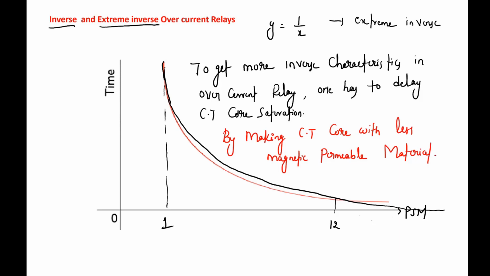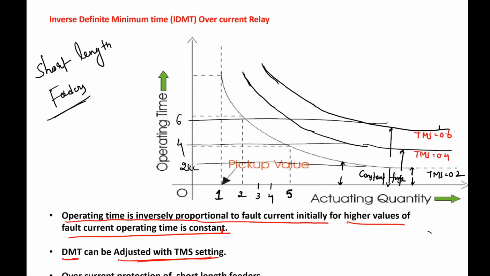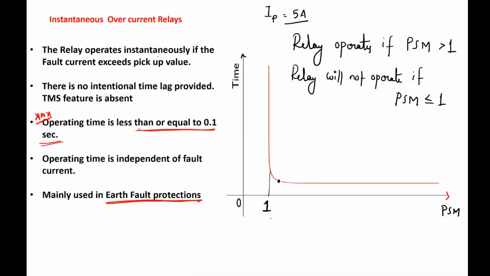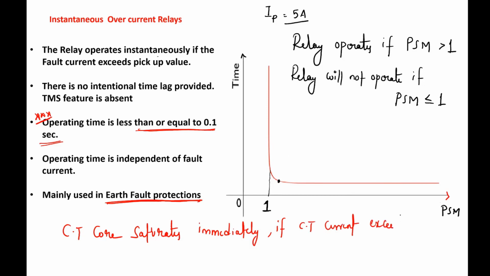So in instantaneous overcurrent relay, how to construct an instantaneous overcurrent relay? The CT core in this case saturates immediately if CT current exceeds pickup value, exceeds pickup current. So this is how you have to construct an instantaneous overcurrent relay.